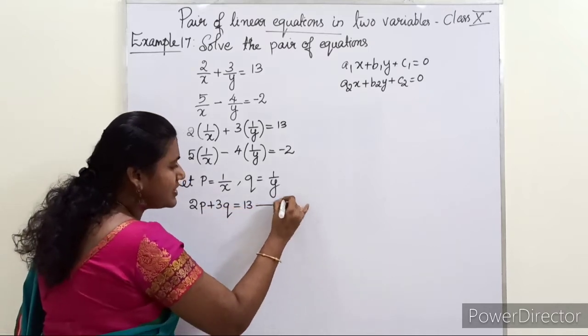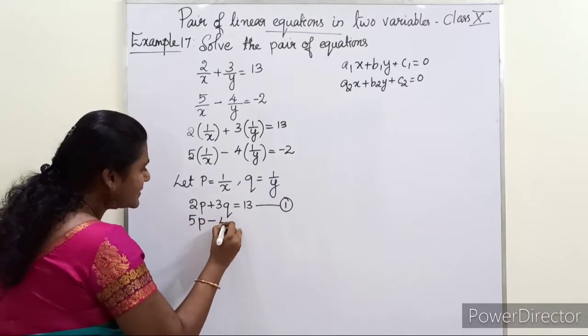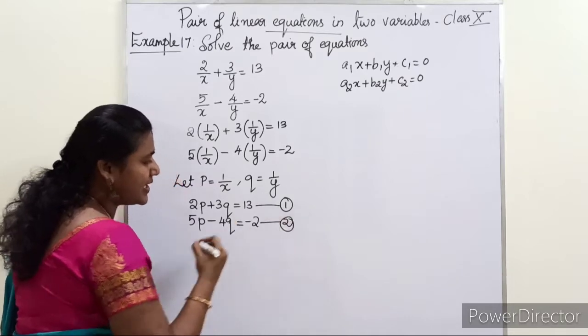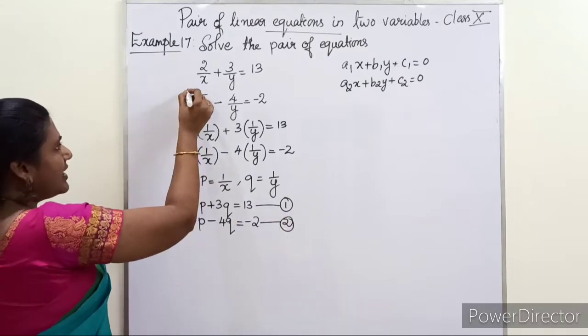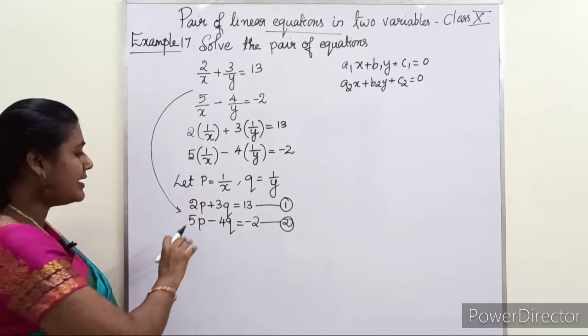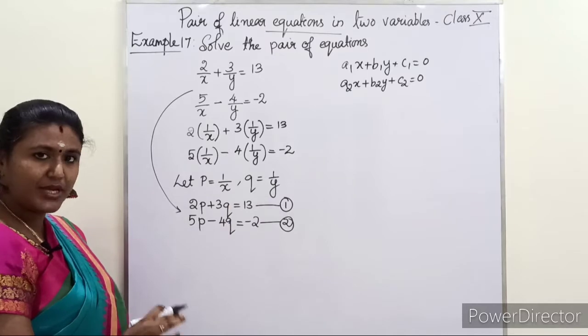This is the first equation. And 5p minus 4q is equal to minus 2. This is the second equation. So see here, the given pair of equations now reduces to a linear pair, in standard form.